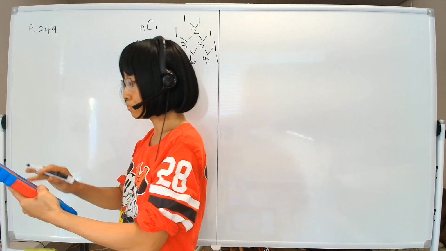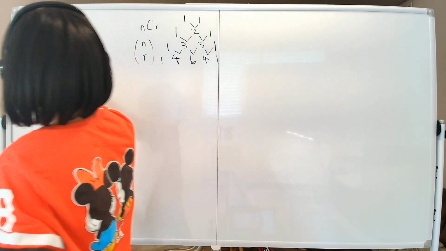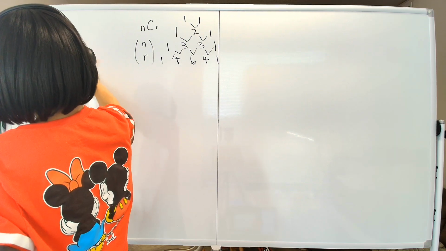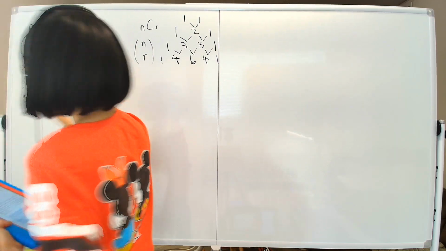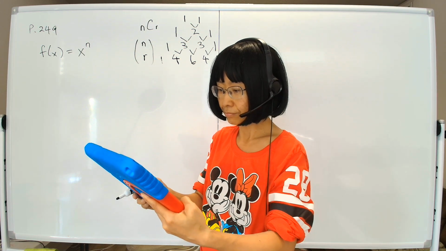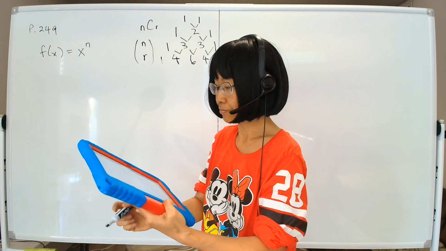And what we're trying to prove is the derivative of f of x, where f of x equals x to the power n, n being any integer. In this case, any positive integer for now.